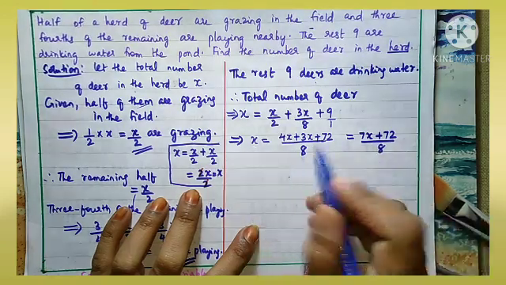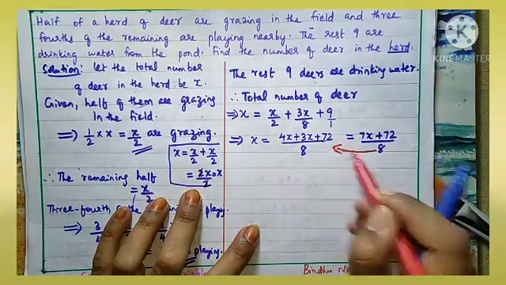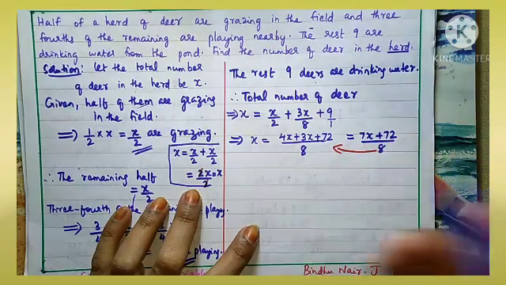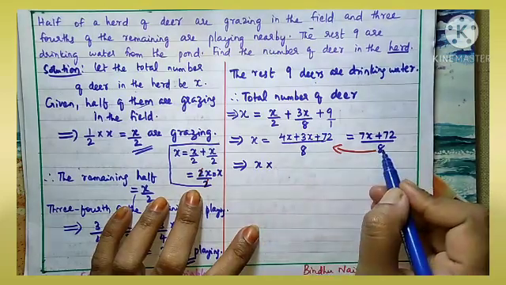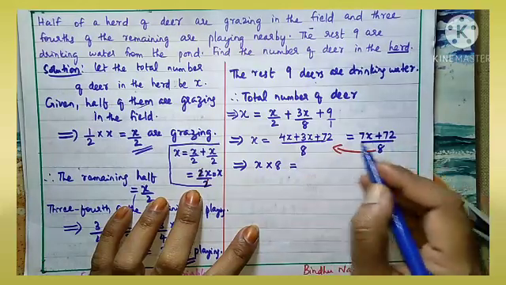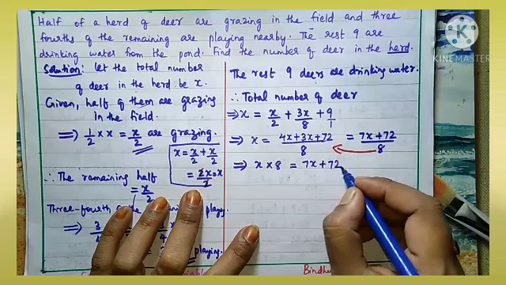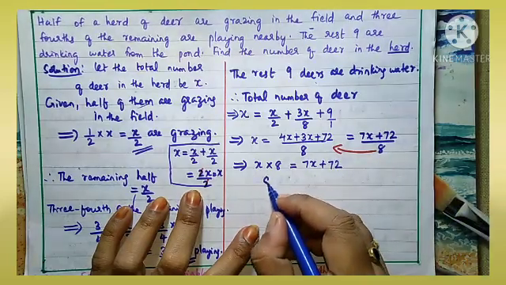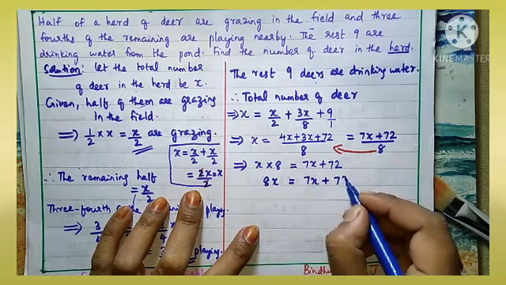When this 8 is transposed to this side, this division changes into multiplication. So what is the next step? Yes, x into this 8 comes here and becomes multiplication, equal to what is remaining in the numerator, 7x plus 72. Now multiply this. What is x into 8? 8x equal to 7x plus 72.